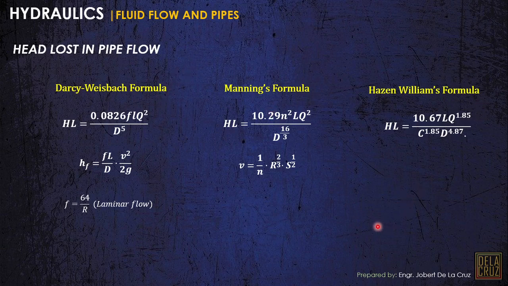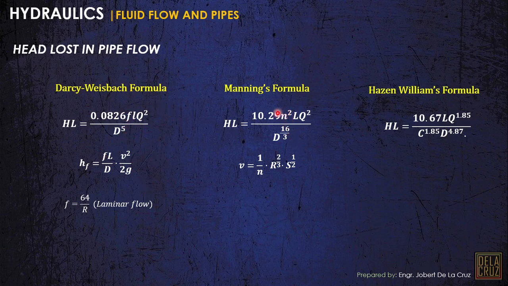So how do we know kailan natin gagamitin Darcy, Manning's, and Hazen-Williams? It depends on the factors given. So yung mga factors dito is yung friction, F, for Darcy; for Manning's, N yung binigay; for Hazen-Williams, C, yung constant na factor. Pag F yung binigay, friction resistance factor, then we'll be using Darcy.